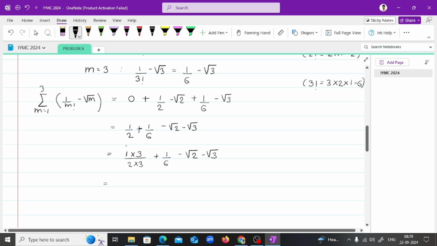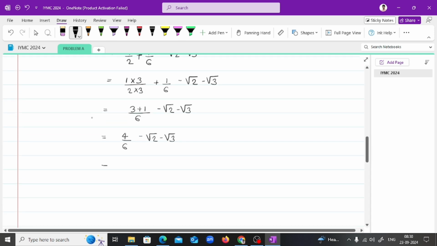So 3 plus 1 is 4 upon 6 minus root 2 minus root 3. And 3 plus 1 is nothing but 4, so 4 upon 6, and 4 upon 6 is nothing but 2 upon 3. So 2 upon 3 minus root 2 minus root 3.